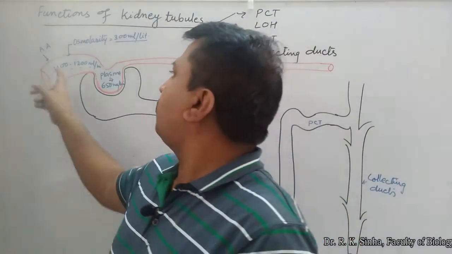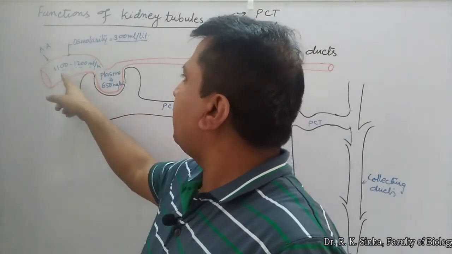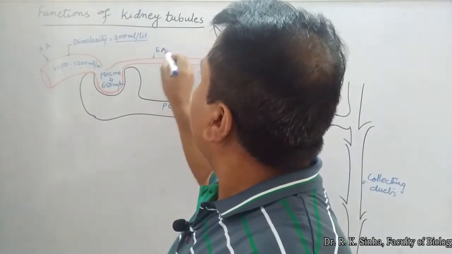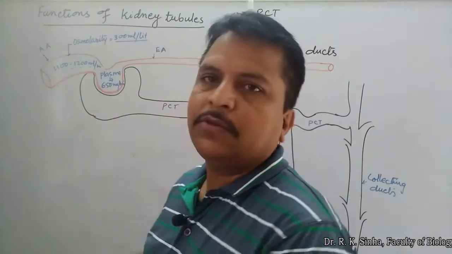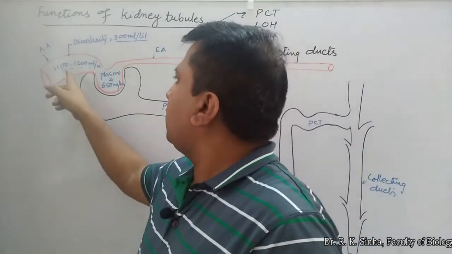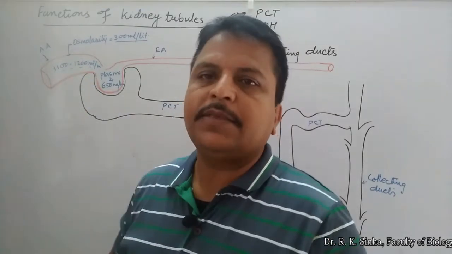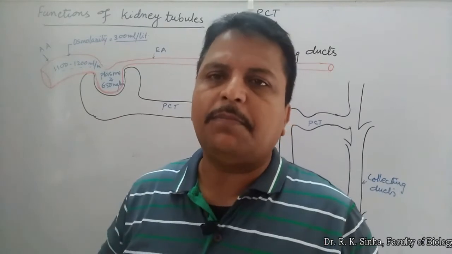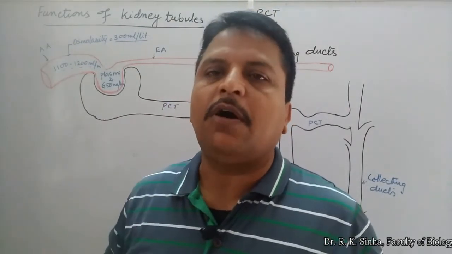So this is the amount of blood that will pass through this afferent arteriole. This is the efferent arteriole, and the blood will pass through this glomerulus also. The constituents of this blood are 55% renal plasma or blood plasma, and 45% formed elements.